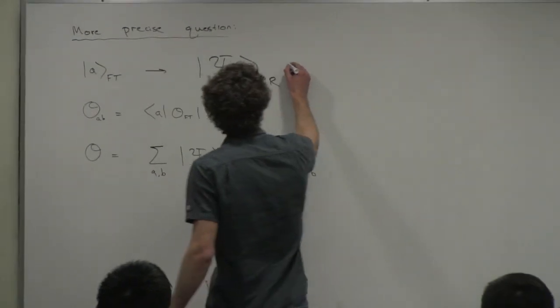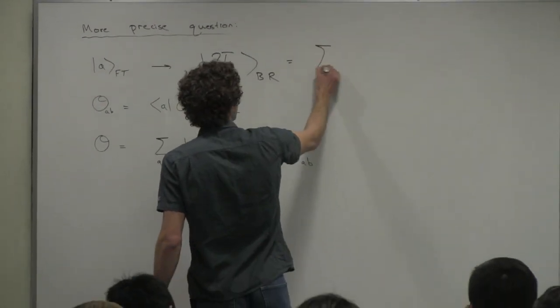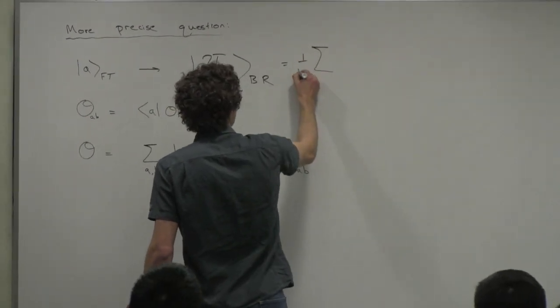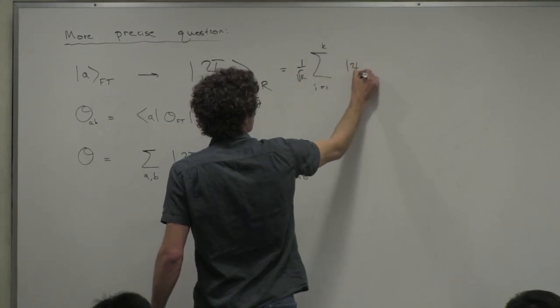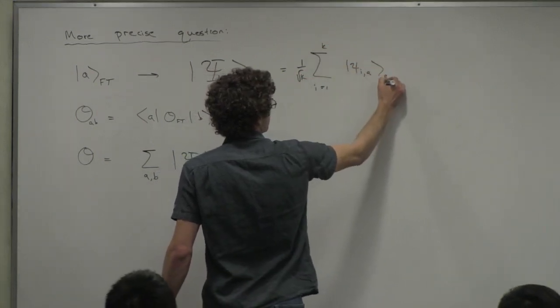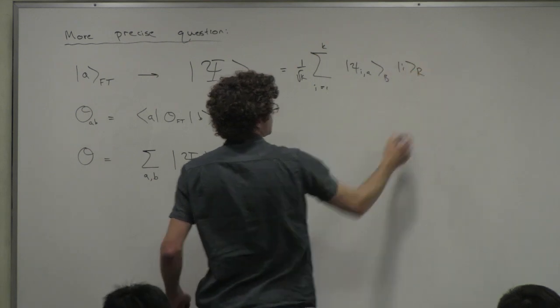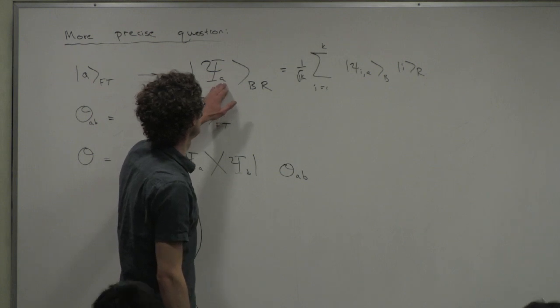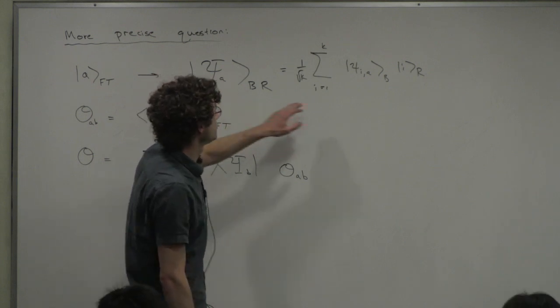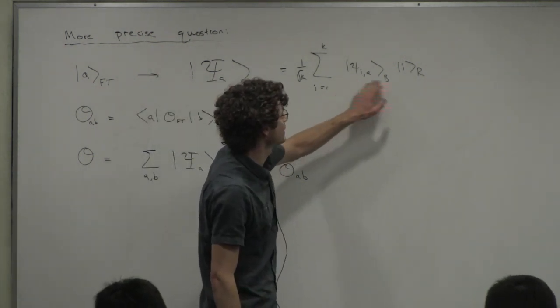Okay. So that's psi A. So it's a state where we have the quantum fields in state A, and we have an entangled state of the brane and the reference system.